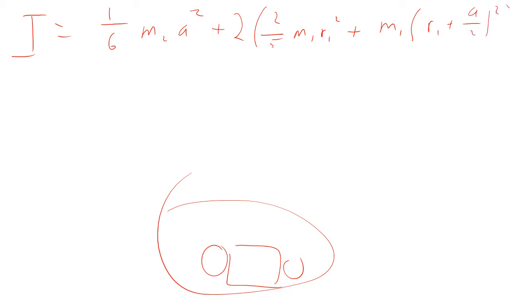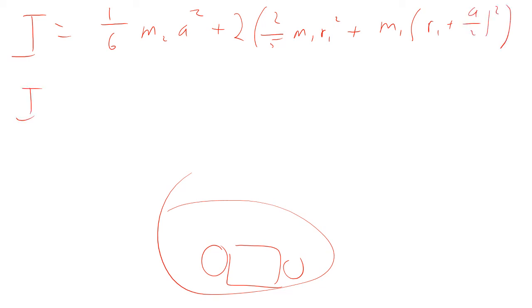So the total I is going to be equal to 1/6 m2 a squared plus 2 times (2/5 m1 r1 squared plus m1 times (r1 plus a over 2) squared).